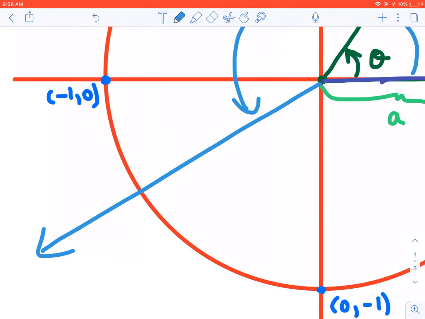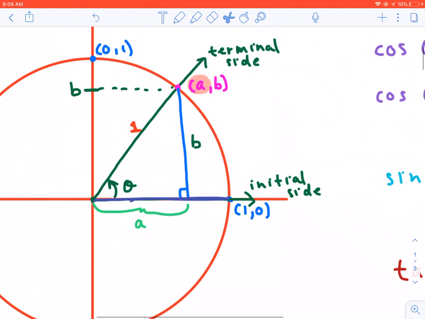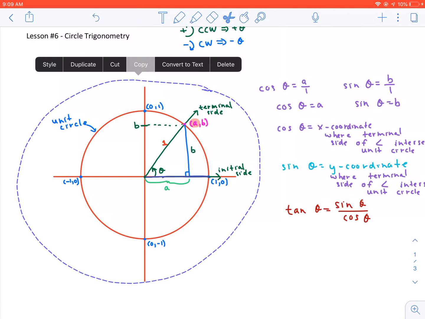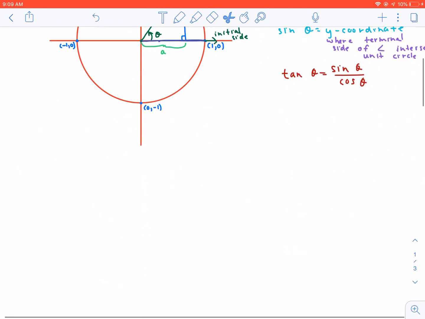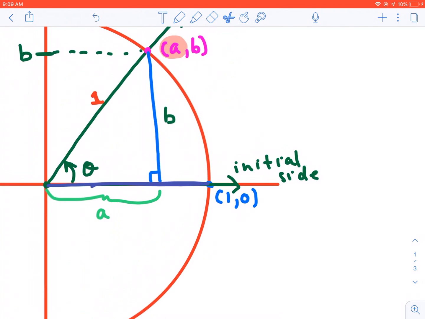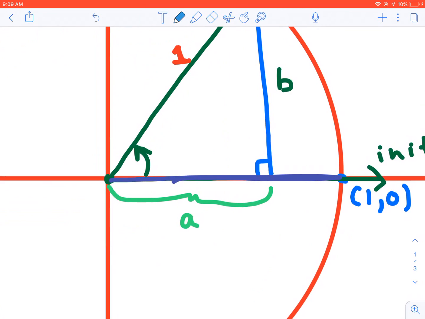And then this point would be a comma b still. Right? So let's take an example of an angle measure and let's see what happens. So I'm going to copy and paste this. And instead of a random angle measure, let's make this, for example, 60 degrees.